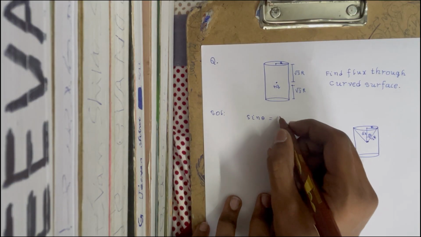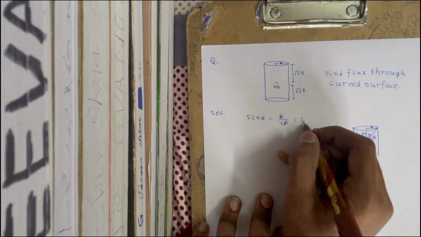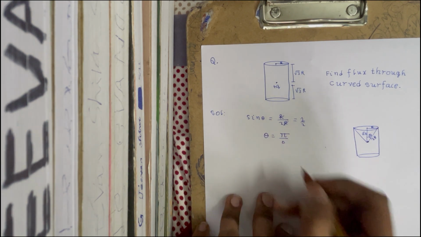So sine theta was r divided by 2r, which equals 1 by 2. So theta was pi by 6.